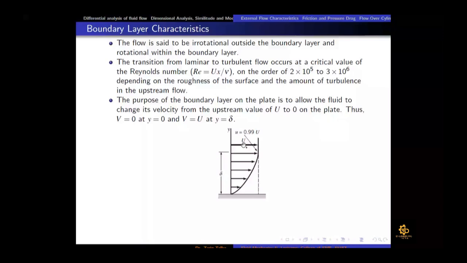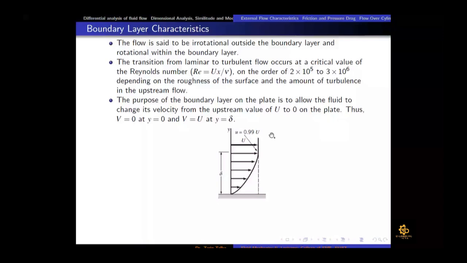So if the free stream value was 10 meters per second, we measure that distance away from the surface where the velocity becomes 9.9 meters per second. The velocity is 0 at the solid surface and it increases to the free stream value, and the distance it takes to reach 99% of the free stream value is the boundary layer thickness, which is also shown in the figure.